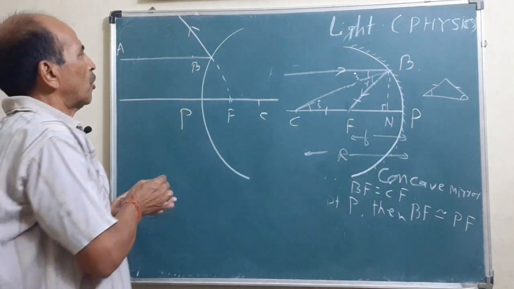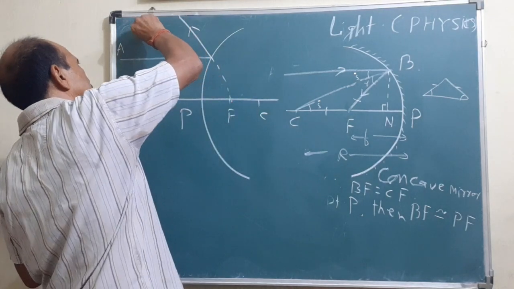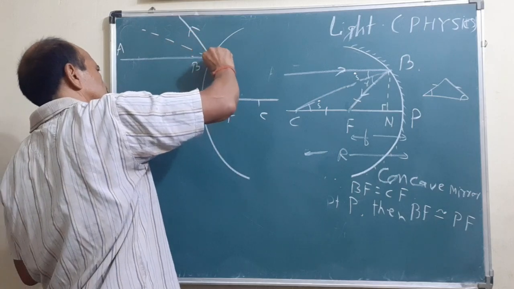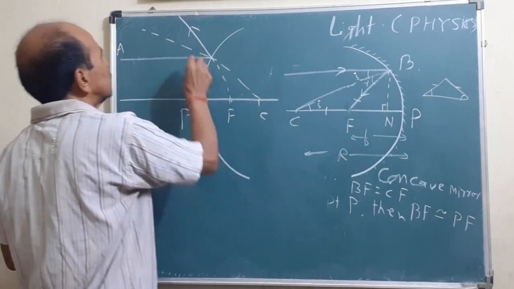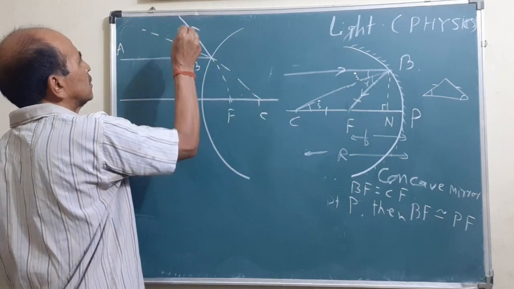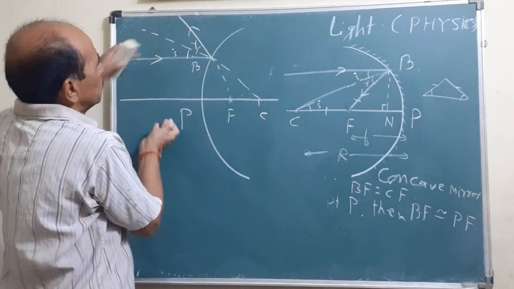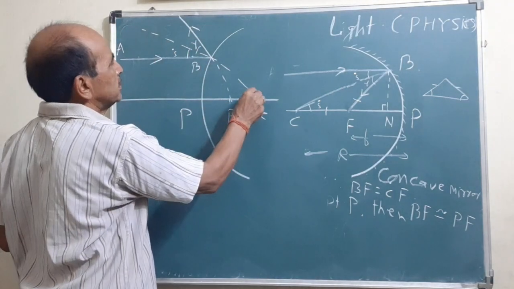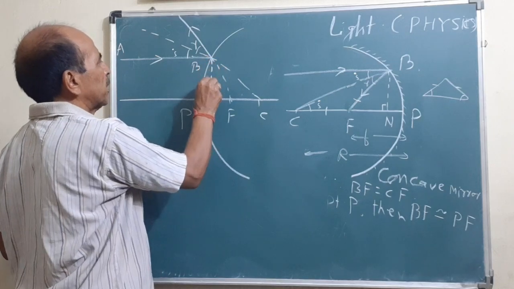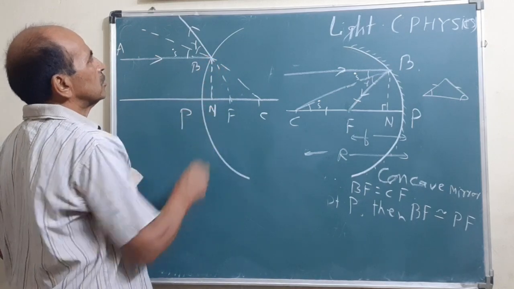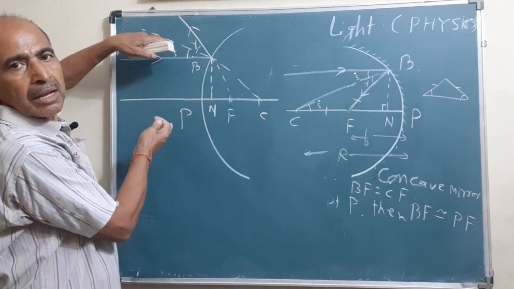और ये सेंटर ऑफ कर्वेचर से ये एक ज्वाइन कर सकते हो. This is C. This is the angle of incidence and angle of reflection, and both are parallel. Here you can draw perpendicular N. Both are parallel.